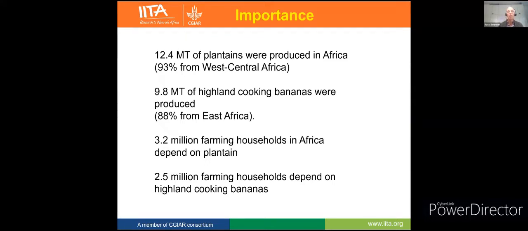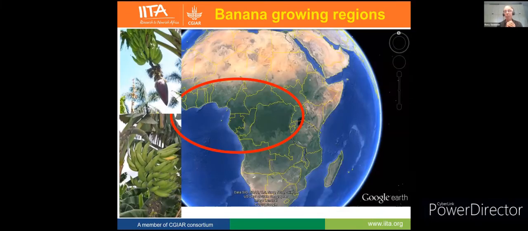The Highland cooking bananas, 9.8, so roughly 10 million metric tons. And 3.2 million farming households in Africa depend on plantain, and 2.5 million farming households on Highland cooking bananas. So roughly speaking, 7 million farming households depend on bananas and plantain in Africa.